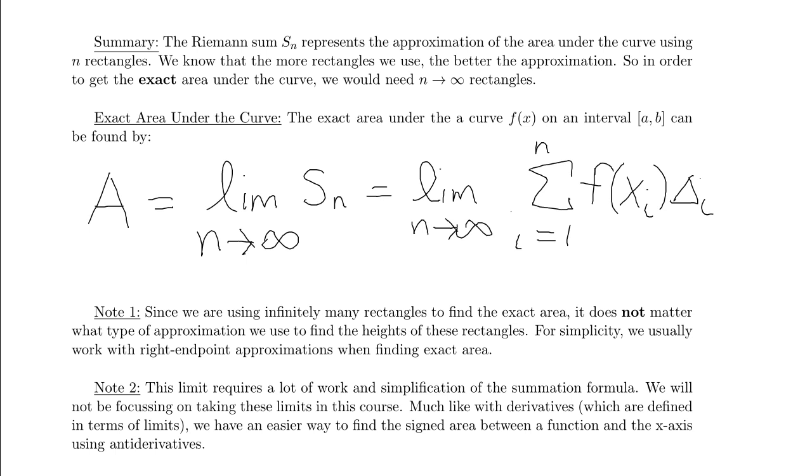Well, with the antiderivative, with the integral, which we're going to define in the next section, it's the same thing. It's actually defined in terms of a limit of these areas of rectangles. And just like there's a long way to find the derivative and then a short way to find the derivative, it's the same thing with integrals. So the long way is to take the limit of these Riemann sums, and then we're going to be learning the short way using antiderivative rules.